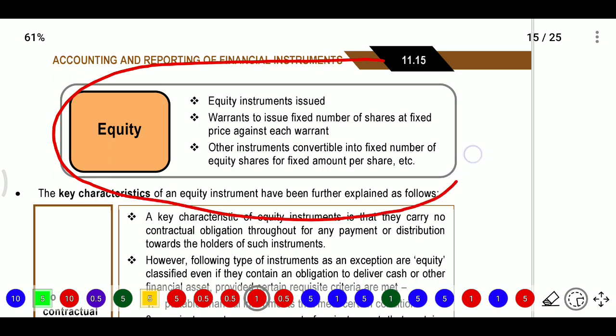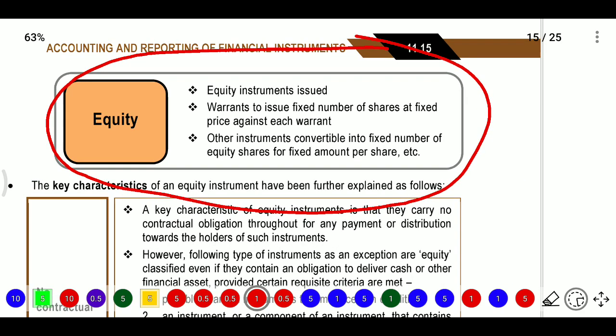We have some examples. Whatever equity instruments are issued will become equity. Warrants to issue a fixed number of shares at a fixed price against each warrant are also known as equity. Other instruments that are convertible into a fixed number of equity shares for a fixed amount per share are also known as equity.